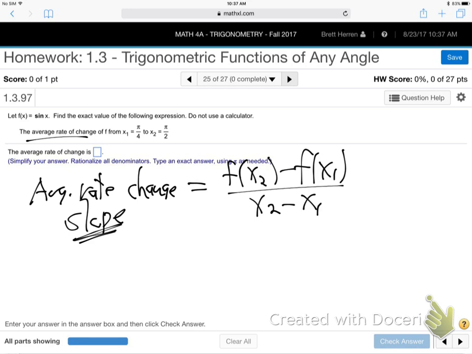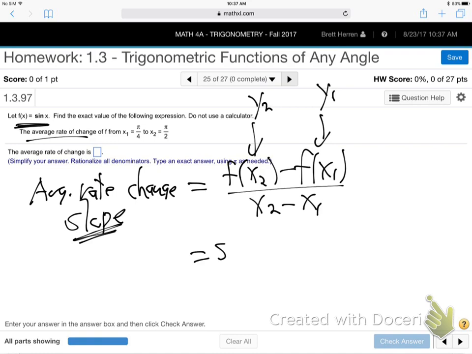But instead of this is y2. Why is that y2? Because what are y values? Function values. I don't know if you've ever seen it written this way, but y values are function values. So this is effectively y2, and this is y1. F of x2 is y2, f of x1 is y1. Now, what's the f? Well, what does it say the f is? Sine.